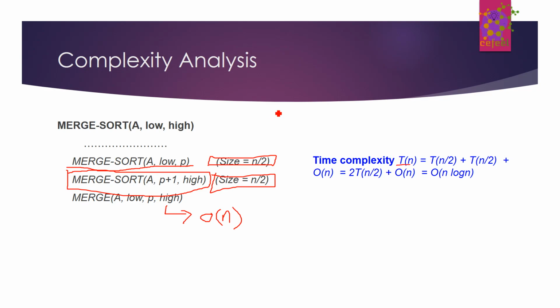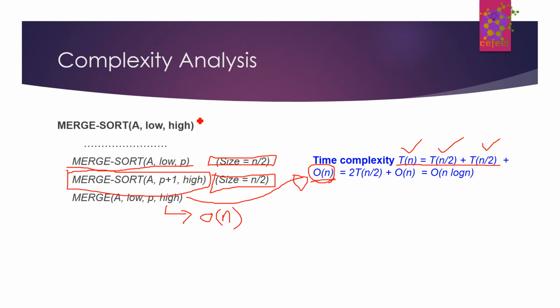In this case it's T(n) equals T(n/2) plus T(n/2) plus order n, which means the original problem is divided into 2 problems of half the size, because n by 2 is the new size passed to the merge sort. And this order n comes from the merge operation.